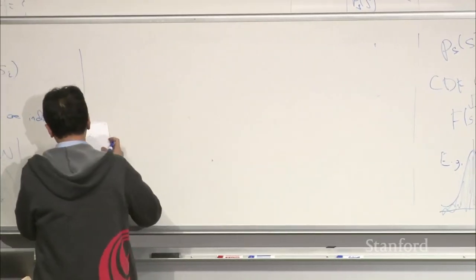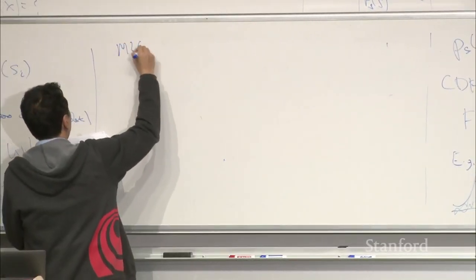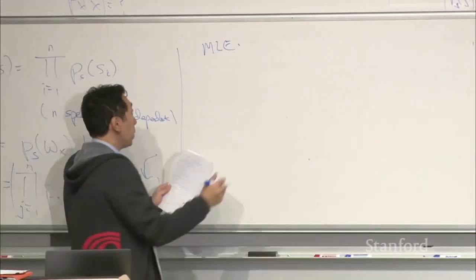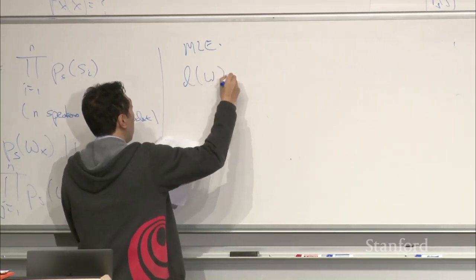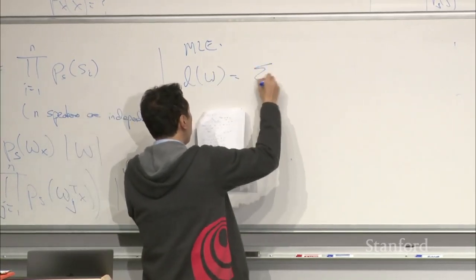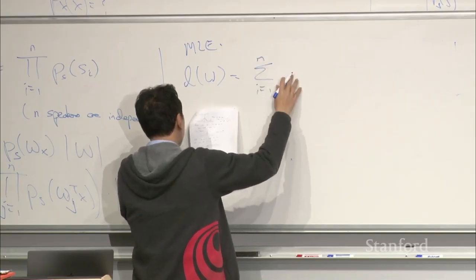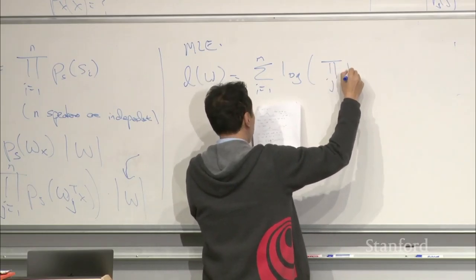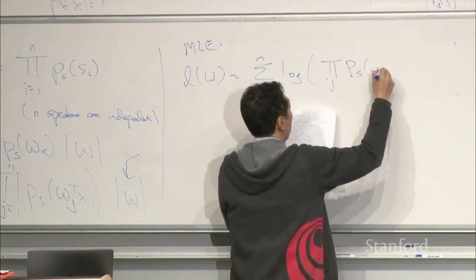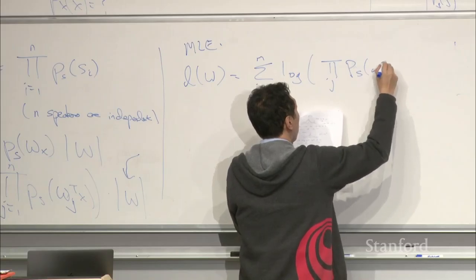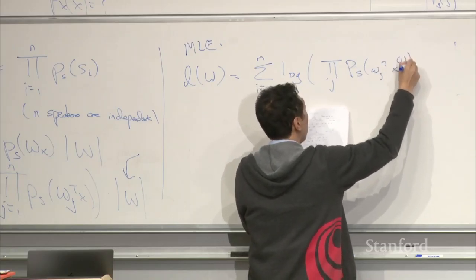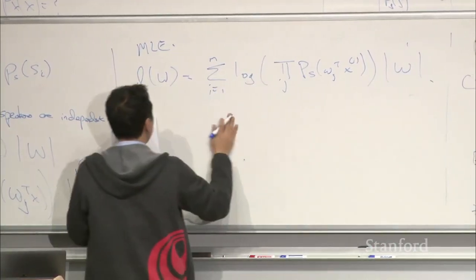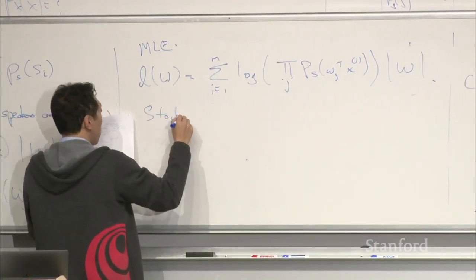So the final step is we can use maximum likelihood estimation to estimate the parameters W. The log likelihood of W is equal to the sum over the training examples of the log of that density, times the determinant of W. And you can use stochastic gradient ascent.